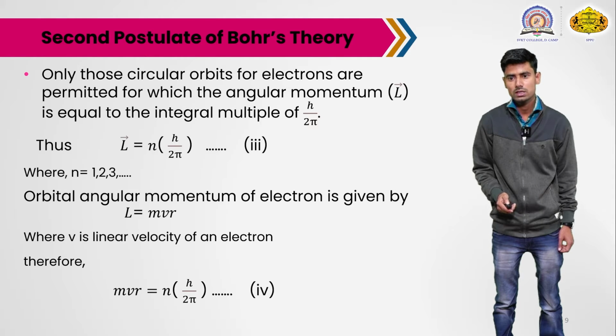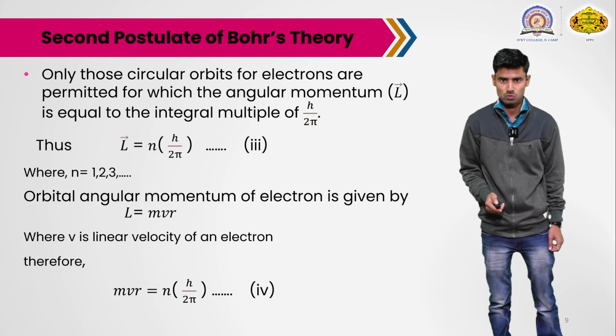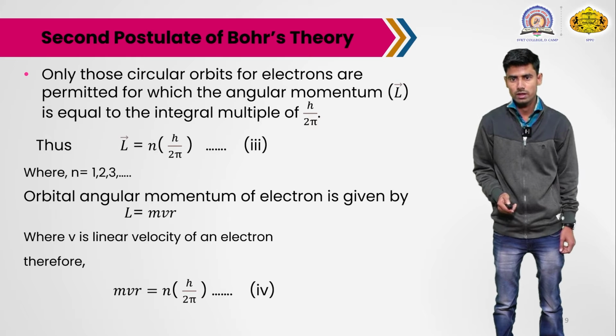The electron only takes certain values of angular momentum which are integral multiples of h upon 2 pi, where h is Planck's constant and h upon 2 pi is named the reduced Planck's constant after Max Planck.